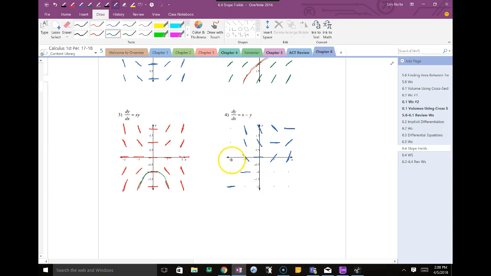Okay, what about negative 2, 0? Negative 2 minus 0 is negative 2. At the point negative 2, 1, negative 2 minus 1 is negative 3. The point negative 2, 2, negative 2 minus 2 is negative 4.